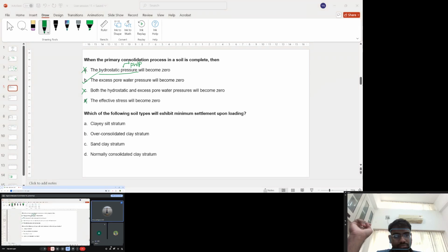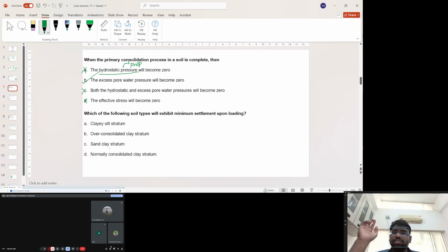Sir, option B, over consolidated clay stratum. Yeah. Obviously, the presence of clay will enhance its settlement characteristics, and among these, the nature of it is the state of the soil. NC material tends to possess greater compressibility and hence results in greater settlement.